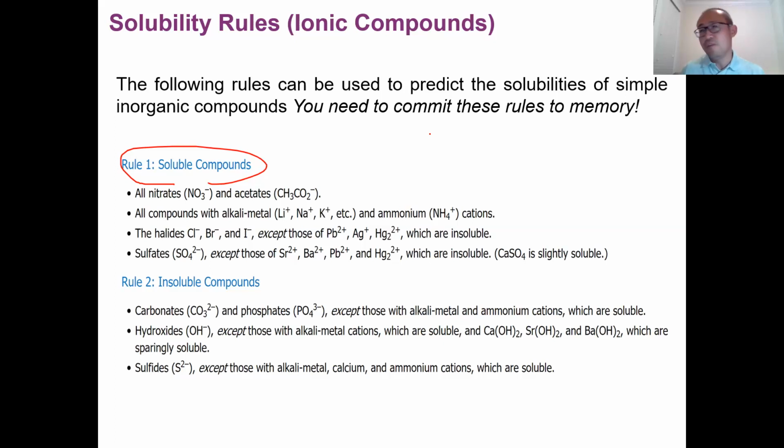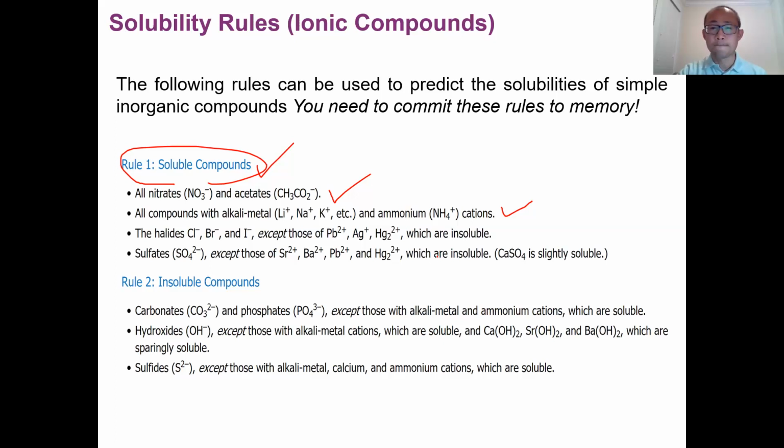The first rule applies for soluble ionic compounds, meaning most of them are soluble. For example, nitrates and acetates: compounds containing these two ions are mostly soluble. Compounds containing alkali metals, lithium, potassium, sodium, and ammonium ions are also soluble.